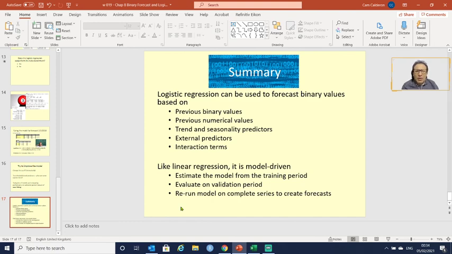This means that you can add more variables, estimate the model from the training period, evaluate on the validation period, and rerun the model on the complete series to create forecasts. This is the last slide for this topic, guys. I hope that you have enjoyed it, and I will go into more details about the confusion table and the other outcomes in my practical video about this topic.